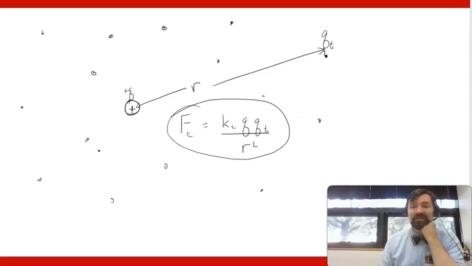Now, to get for any charge at all, we need to divide out this charge and multiply by whatever charge we're using. So maybe for a generic charge, we would use Fc is Kc Q Qt over r squared, divided by Qt and times Q generic.